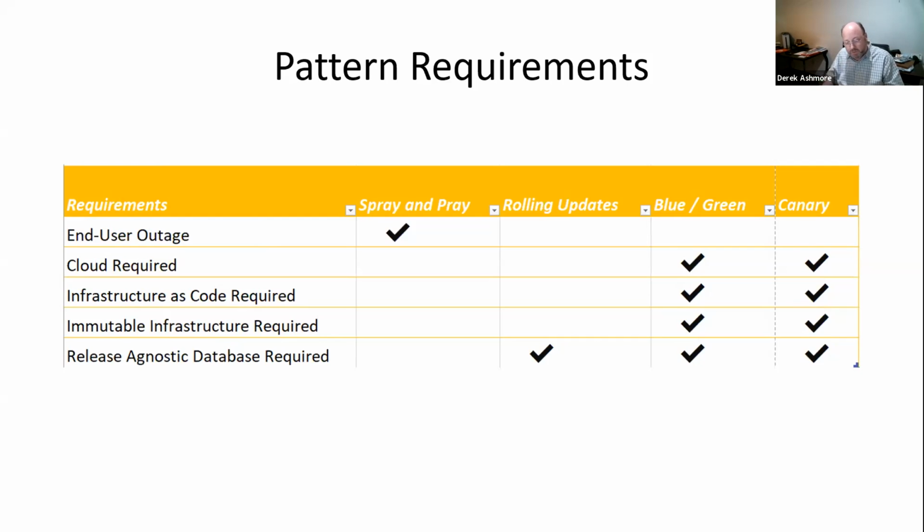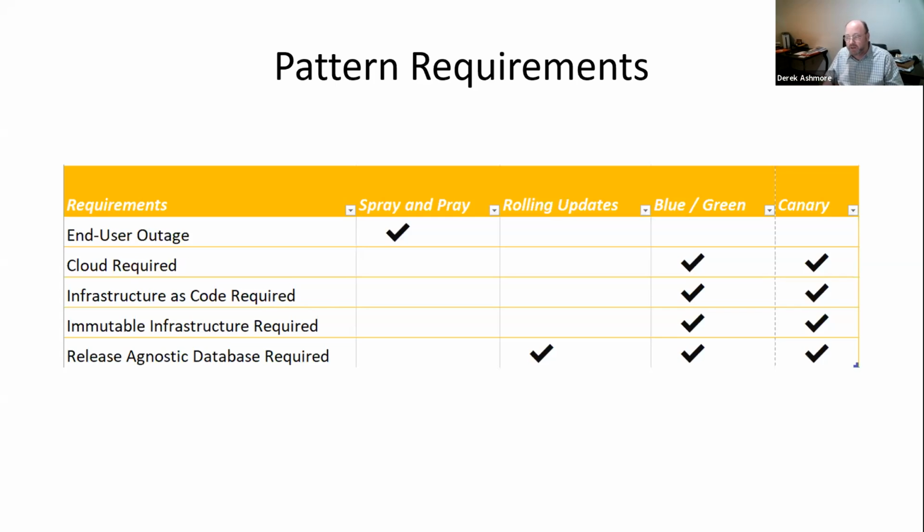If you were going to deploy your application on premises, maybe a soft requirement kind of thing, but it's much easier to use blue-green and Canary in the cloud than it is to do it on premise. So I'm just going to go ahead and make the statement that if you're going to do blue-green or Canary, you should be backed by a cloud.